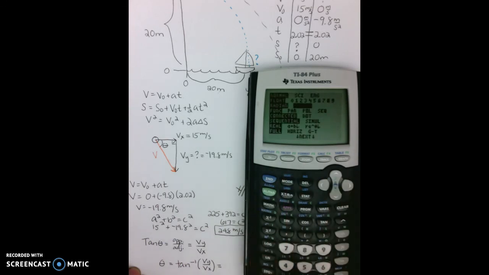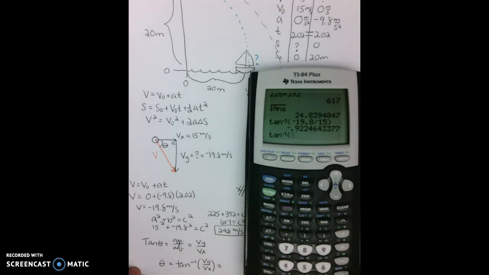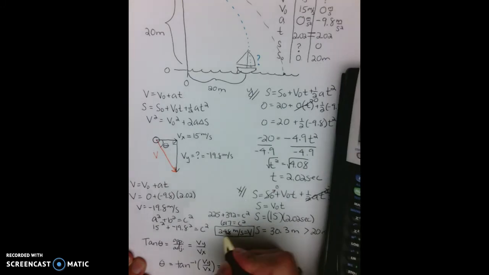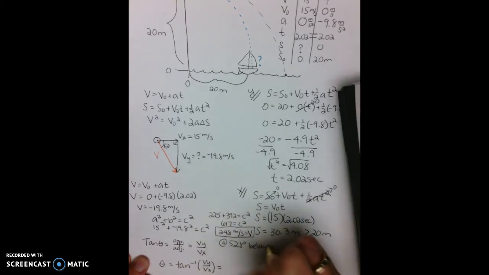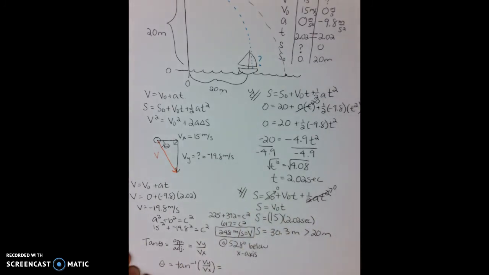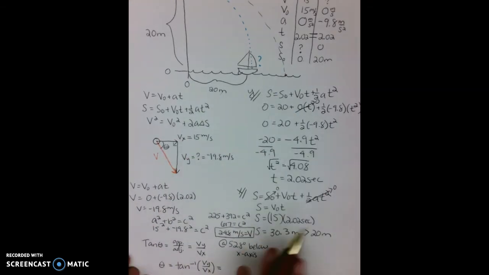Go to degrees, and then try that again. And I'm left with 52.8 degrees below the x-axis. So your final velocity is 24.8 meters per second at 52.8 degrees below the x-axis. And that's how you could solve for final velocity, as well as how far from the base of the cliff a projectile will land.